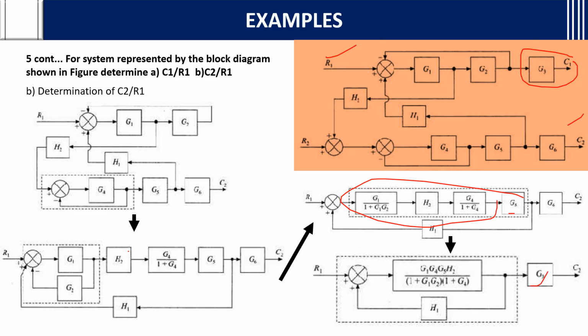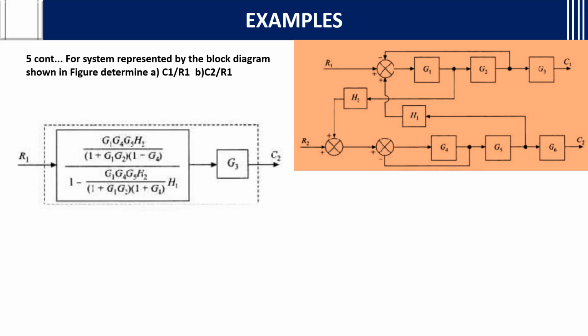Then multiplied with G6, and this is H1. So this is again in the feedback loop. You can consider this whole block as G again, and this has H. Then you can write G by 1 minus GH. Why? Because here it is plus, so you should write minus.